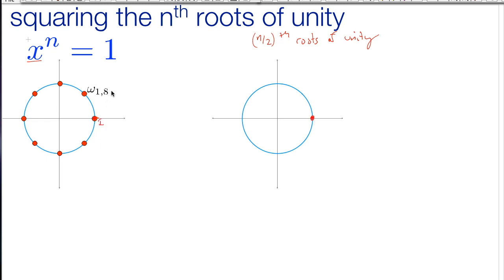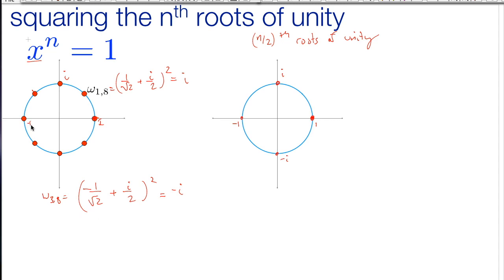If we take this number right here and square it, as we did in class, that's going to be i. If we take i and square it, that's going to be negative 1. Similarly, if we take this number and we square that, we're going to get negative i.